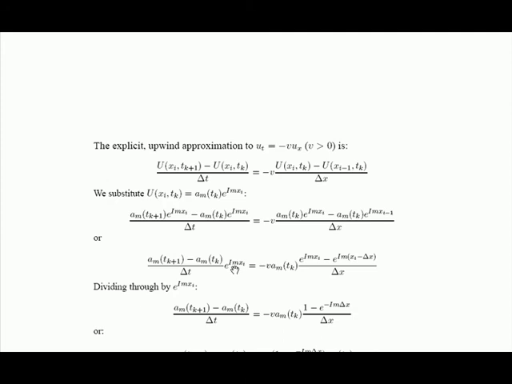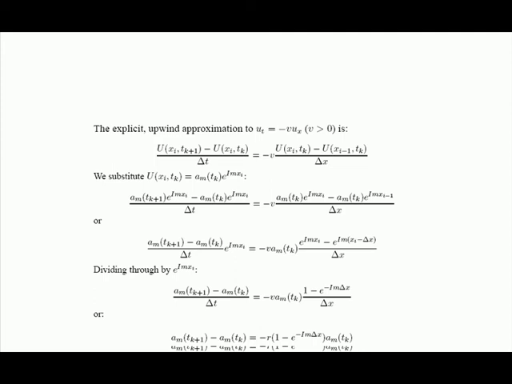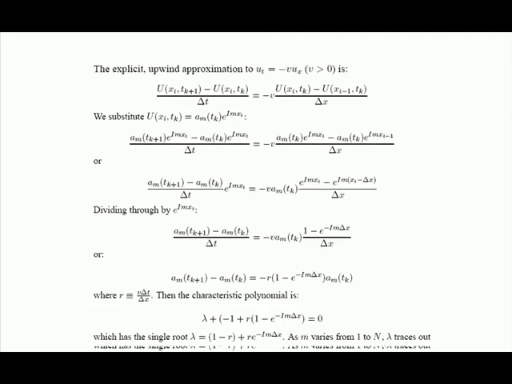On the left hand side, we factor out the a_m(t_k) because both of these are at the k level. And as always, we divide through by e^{i m x_i}, so this term disappears and becomes a 1, and this one gives you e^{-i m delta x}. So after dividing through by e^{i m x_i}, as we always do, we get the following.